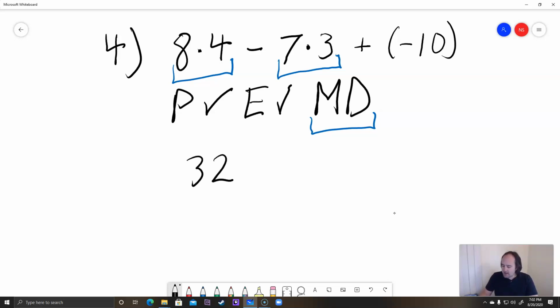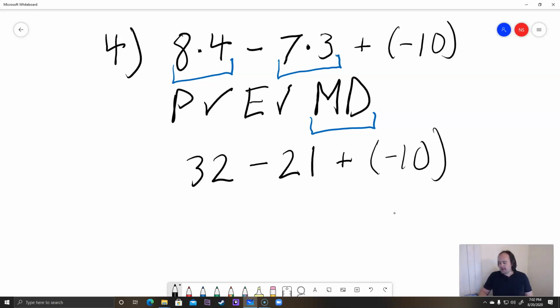And then we have a minus, and then 7 times 3 we know is 21. So you should have 32 minus 21 plus negative 10. Alright? And that actually takes care of the multiplication and division. And notice we did it all in one step, and we did it from left to right. Okay, so that's done. Now our last step is addition and subtraction.